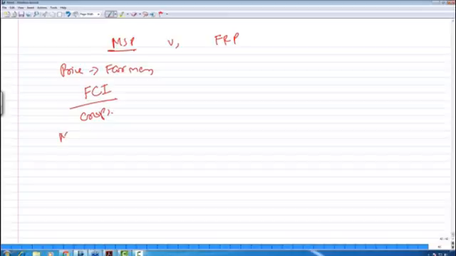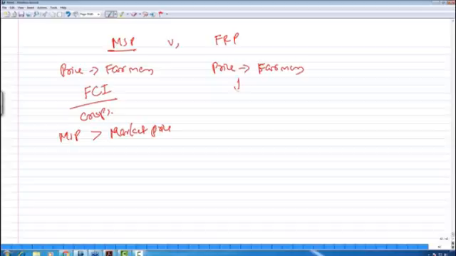Now MSP normally tends to be higher than the market price for the crops. FRP is the price which is again given to sugarcane farmers only, but this is not done by any institution. This price has to be paid by the sugar mills when they purchase from the farmer. This is fixed by the union government.